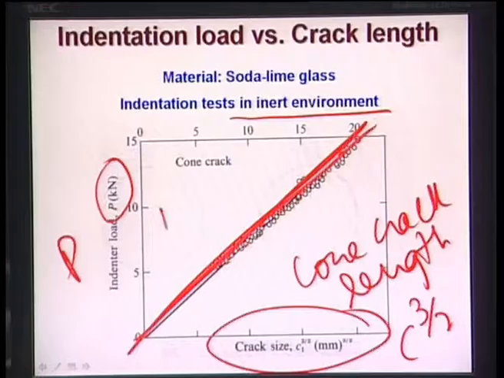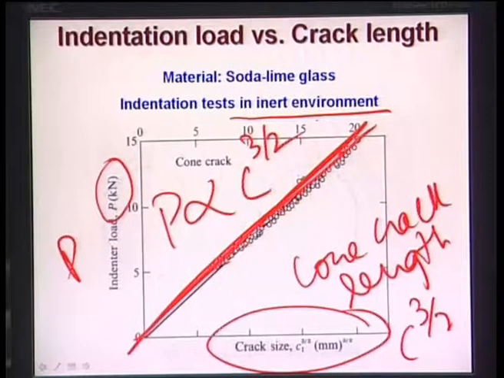So that means P is proportional to C to the power 3 by 2. So this indentation load is proportional to crack length to the power 3 by 2. It does not have a typical linear relationship like P proportional to C, but P is proportional to C to the power 3 by 2.